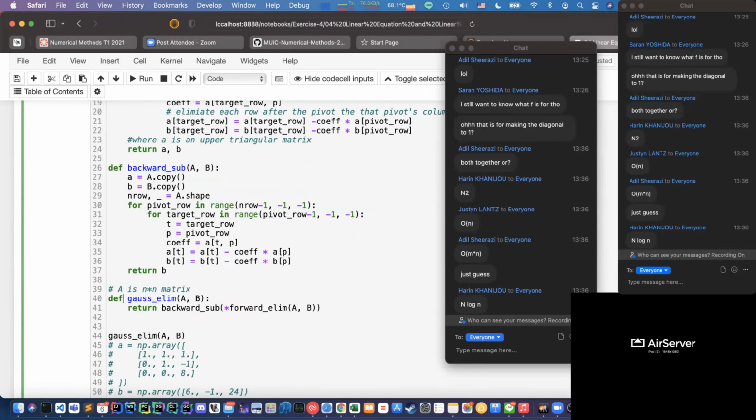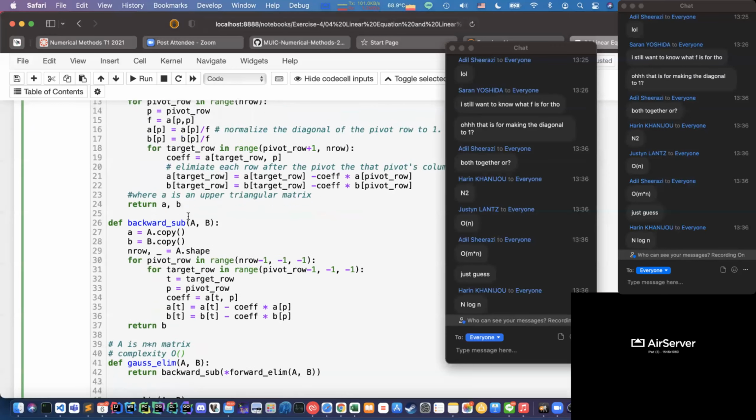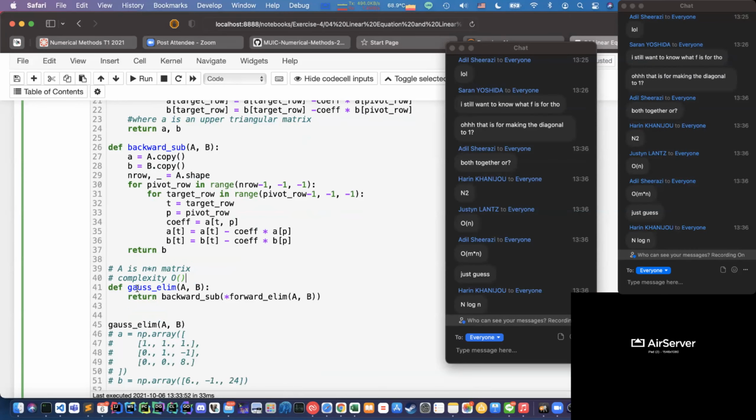What's the big O? Someone tell me. I know at least one of you can figure it out. Just read your code, you're going to see. N square is close, but not quite. Be careful.